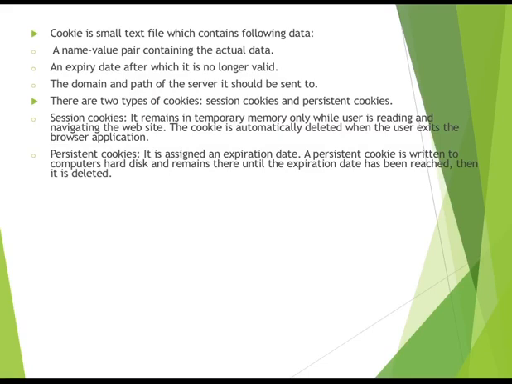It is deleted only when its expiration date is reached. Okay, so this is basically a permanent cookie, that is, a persistent cookie. So basically two types of cookies: session cookie and persistent cookie. A session cookie is stored in temporary memory, and a persistent cookie is stored on the hard disk. Okay. So these are two types of cookies. Now in the next slide, we'll see how exactly to create a cookie.